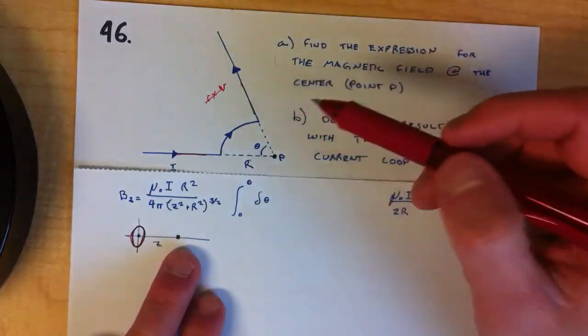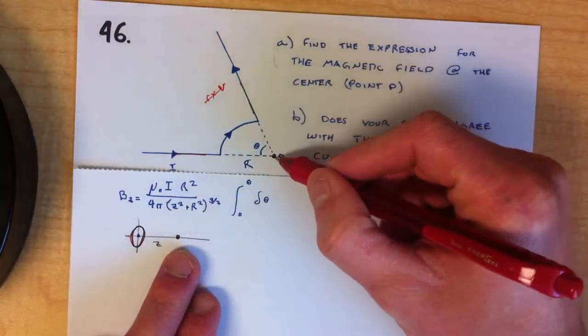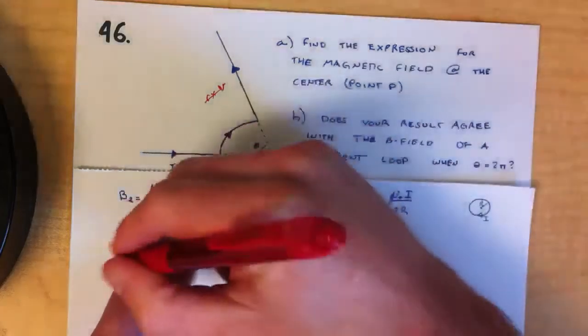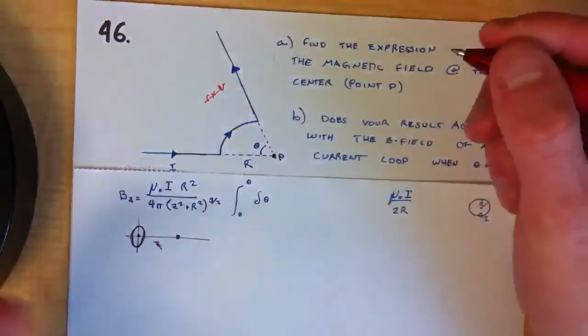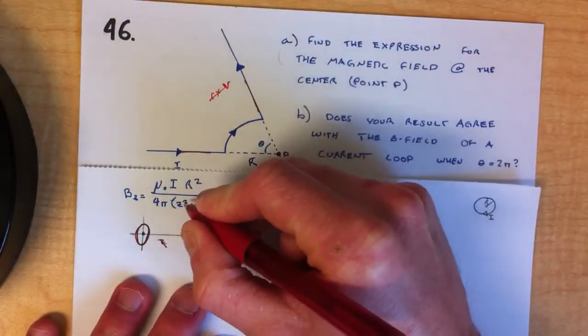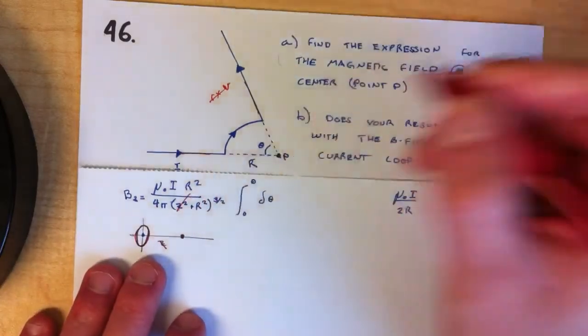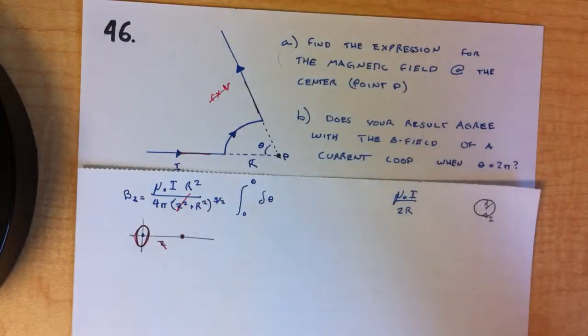In this case, we just talked about this being in a plane. Our test point P is directly at the center, so we're going to go ahead and get rid of this z value because it's 0. So we don't have to worry about that. It's all the way at the center of the circle. So that's one nice thing we can get rid of right away.